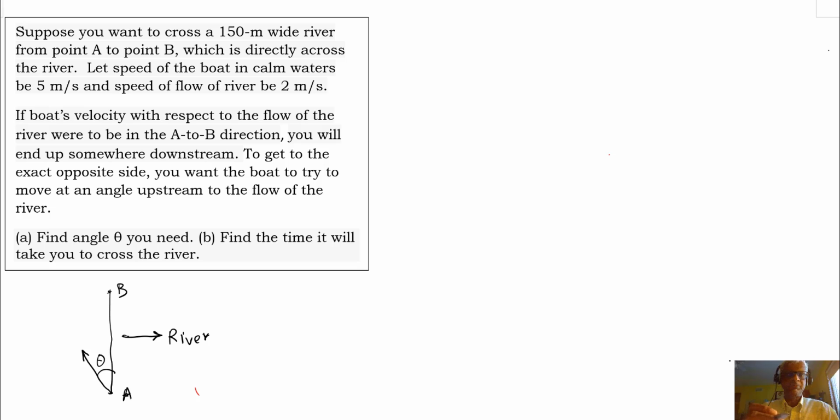Today we're going to address a problem in what you call relative velocity. So, what does the relative velocity concept mean?